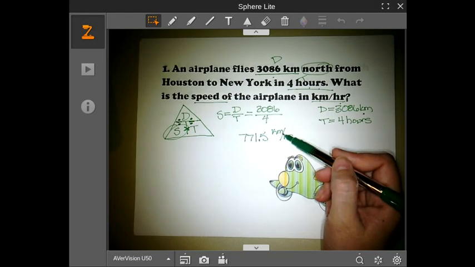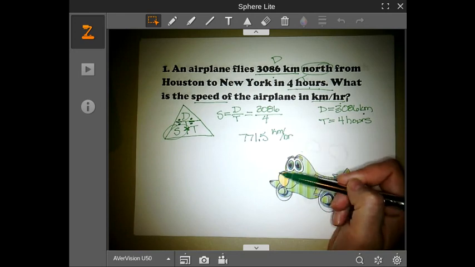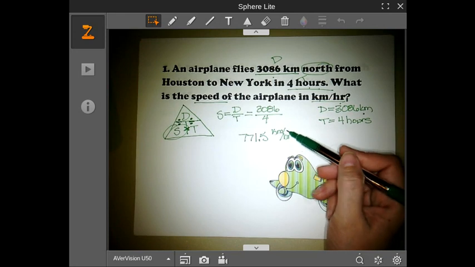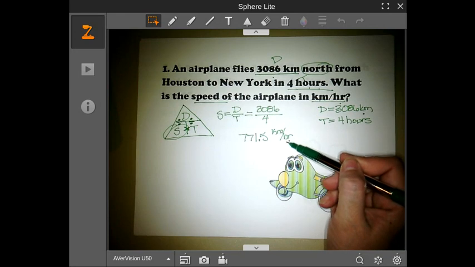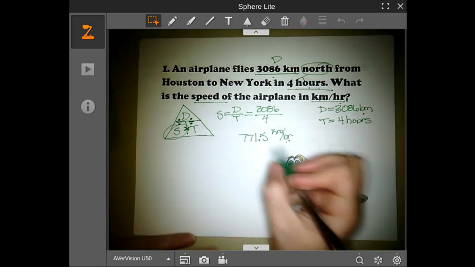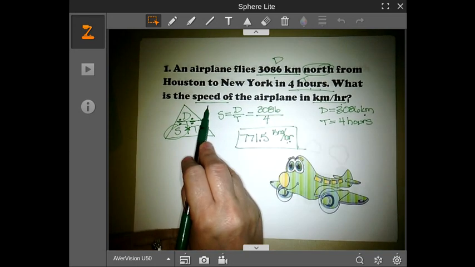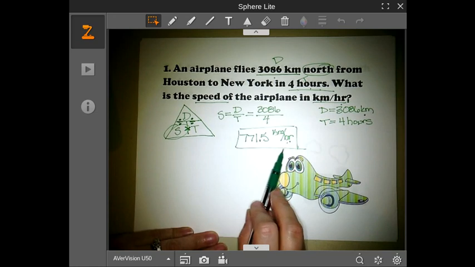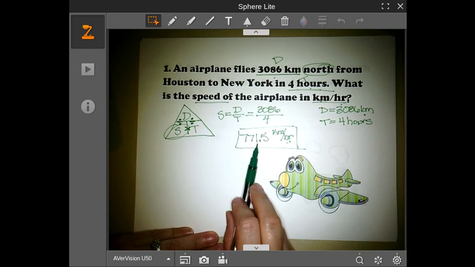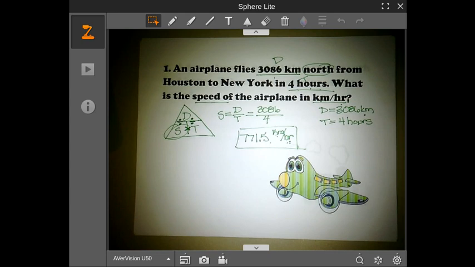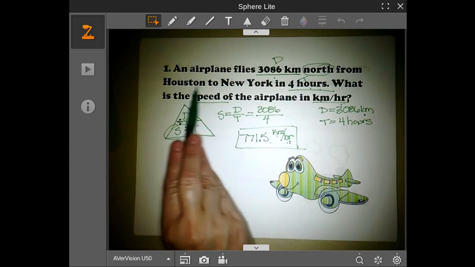So you can't really divide the unit kilometer by hours, so the way we represent that is we just put kilometers divided by hours, and that shows us what our units are. Since we were looking for speed, we're done. 771.5 kilometers per hour is how fast the airplane is flying from Houston to New York.